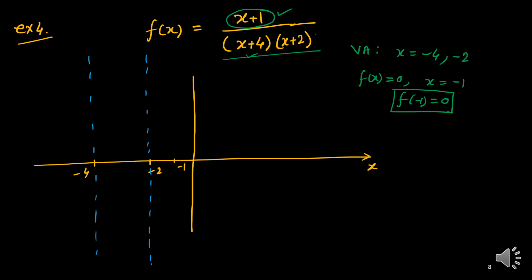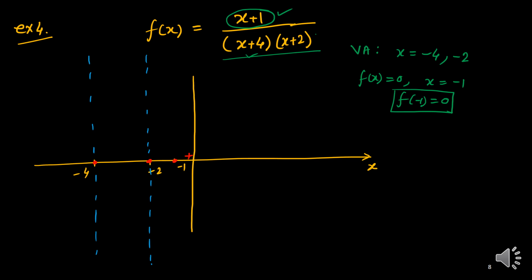Fine. Now I have 3 points, so these points I have noted. Whether it is numerator or denominator doesn't matter, I will consider those points. Now very right side of this point, right side points, that will be positive. So beyond -1 it is always positive.